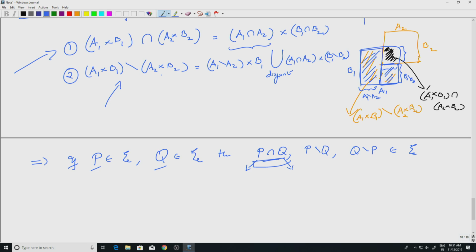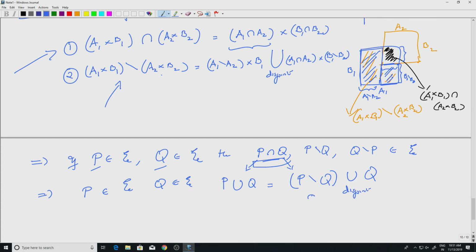Okay. This also tells me that if P is an elementary set, Q another elementary set, then P union Q. Well, what is P union Q? So, that is P minus Q union Q, but now this is a disjoint union.